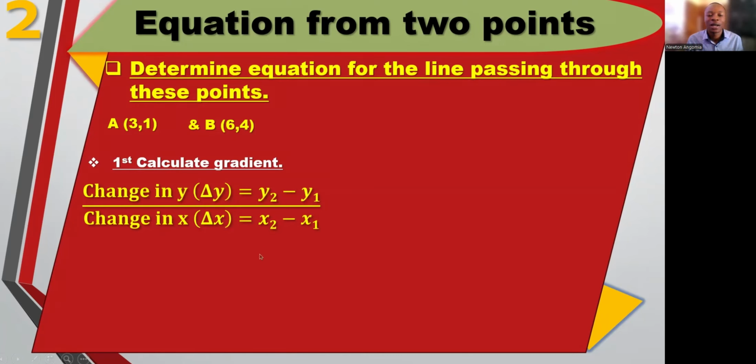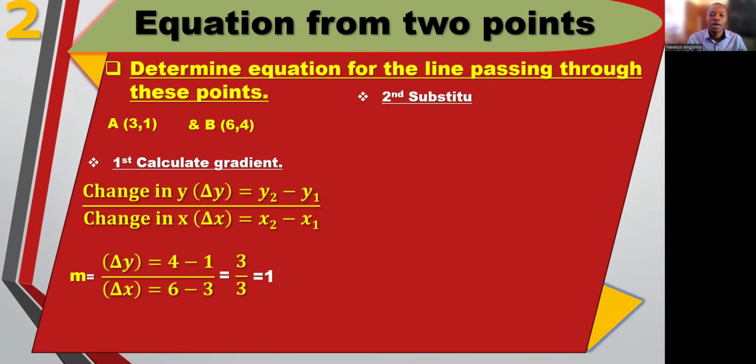So you say 4 minus 1 for the change in y, 6 minus 3 for the change in x, and you get 3 divided by 3. And when it's in that manner, our value for the gradient is 1.